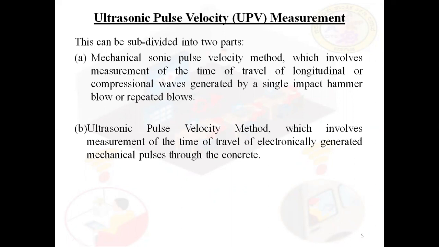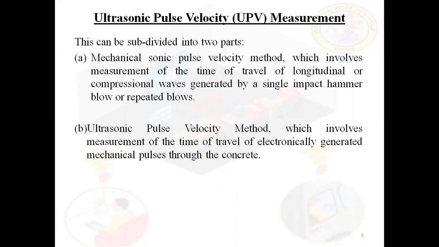This ultrasonic pulse velocity method is divided into two parts, depending on whether the waves are transmitted mechanically or electronically. The first is the mechanical sonic pulse velocity method, which involves measuring the time of travel of longitudinal or compressional waves generated by a single impact hammer blow or repeated blows.